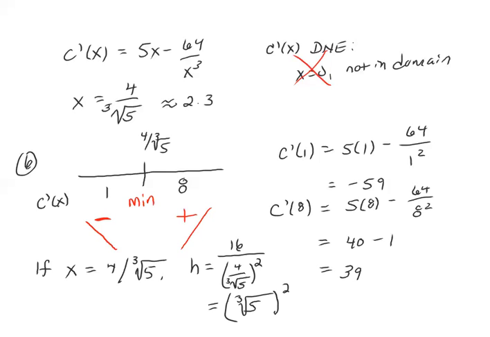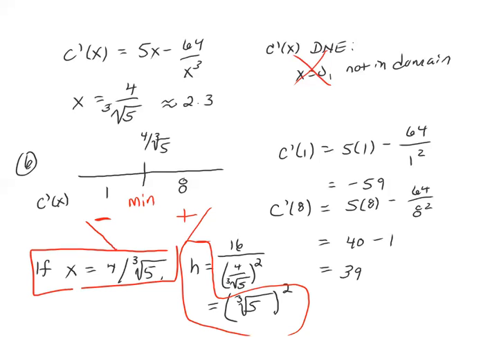So my h value is this. So if x is that and h is that, then the cost is minimized. And that finishes up that problem. I think I'll give you one more example in another video.